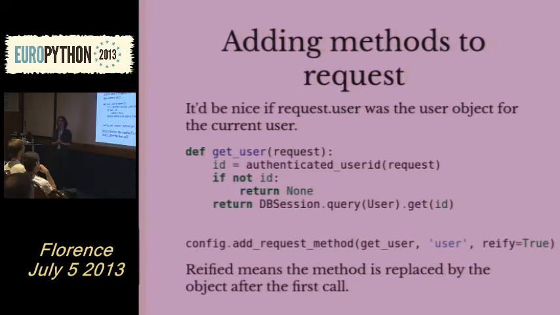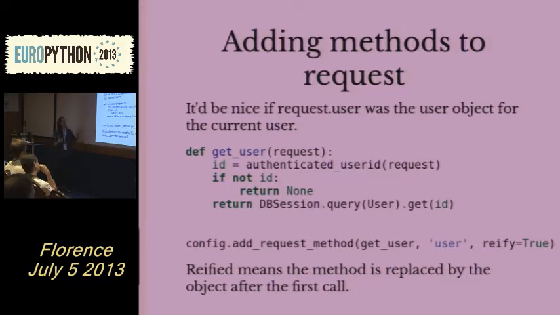Another nice thing to do with the configuration when I have my own little application is to add stuff to the request. For example, I really like that when I get request.user, it returns the user object for the current user. But when I say the user object, it's the one I define in my model. It's not some pre-existing one.